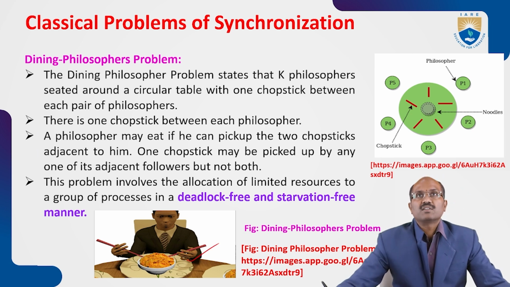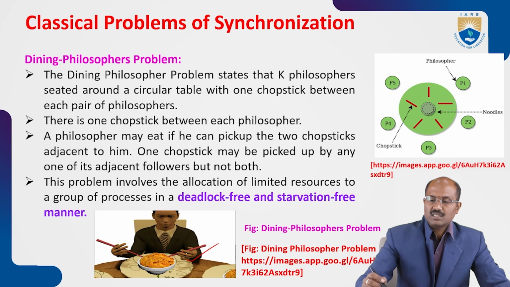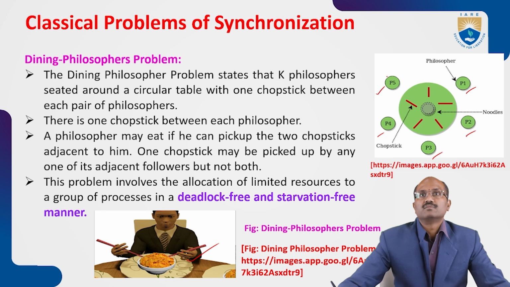The dining philosophers problem states that K philosophers are seated around a circular table with one chopstick between each pair of philosophers. See, philosopher 1, philosopher 2, philosopher 3, philosopher 4 and philosopher 5, with a chopstick between each two philosophers.